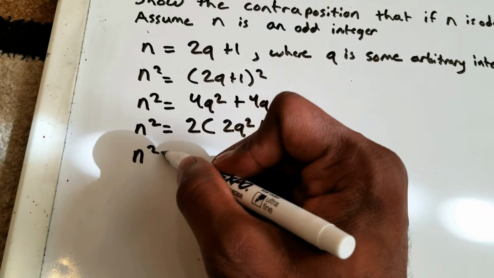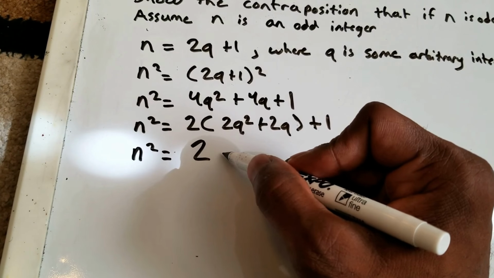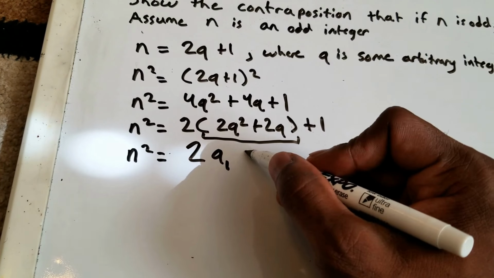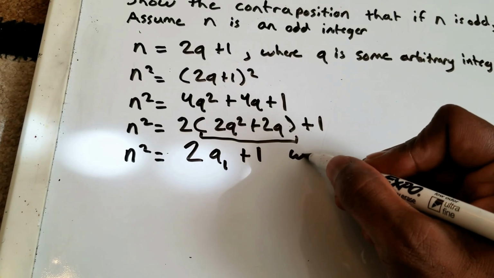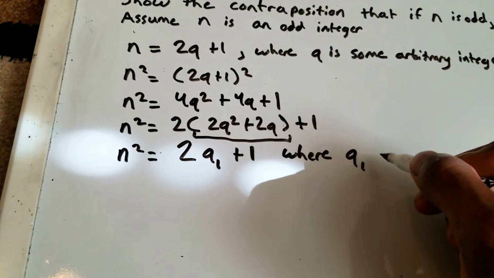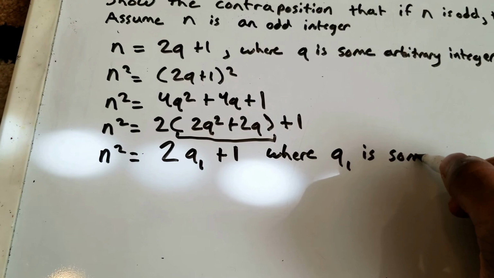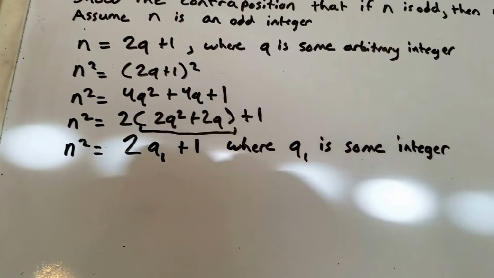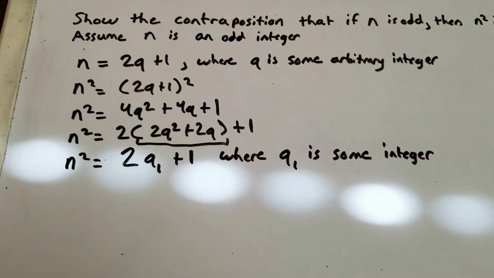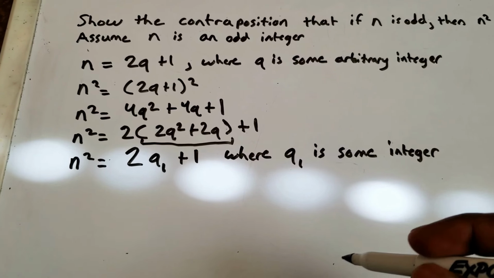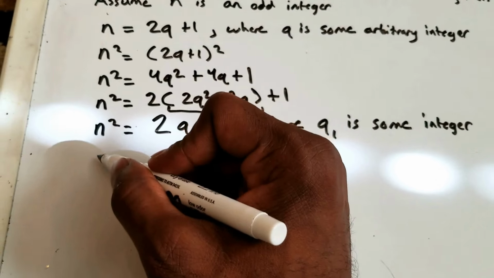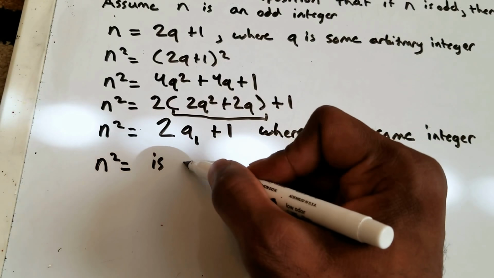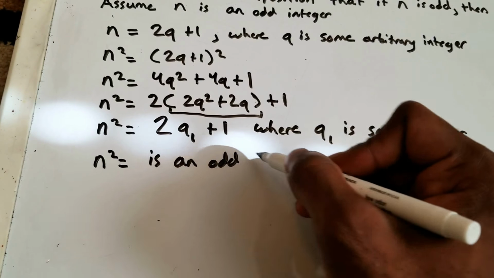So this means that n squared is equal to 2 times, I'm going to call all this right here q subscript 1, plus 1, where q1 is some integer value. So this implies that n squared is an odd number.